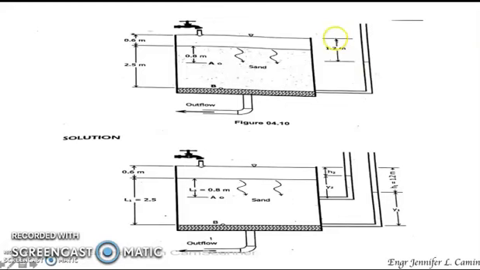So it gives us i, the hydraulic gradient, as 0.48. For the saturated unit weight, you have this equation. You substitute the specific gravity, void ratio, and the unit weight of the water. So the saturated unit weight is 21.078 kilonewton per cubic meter.